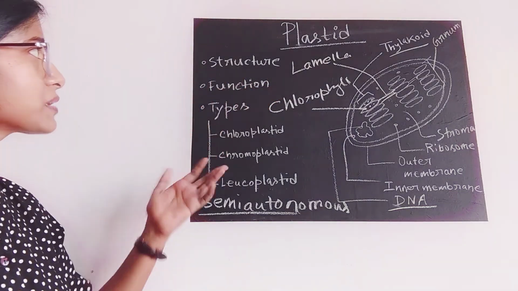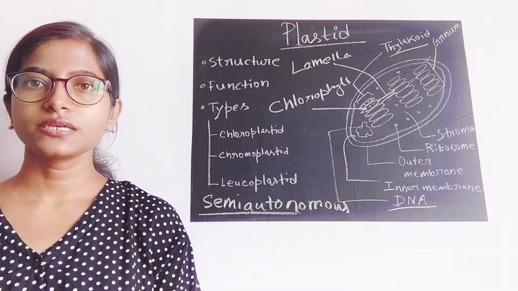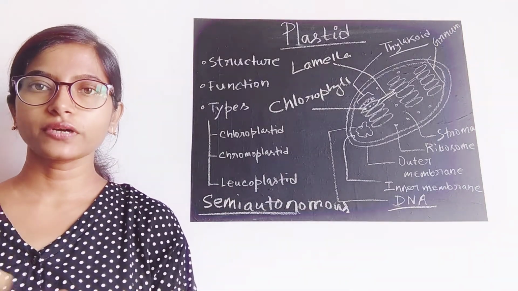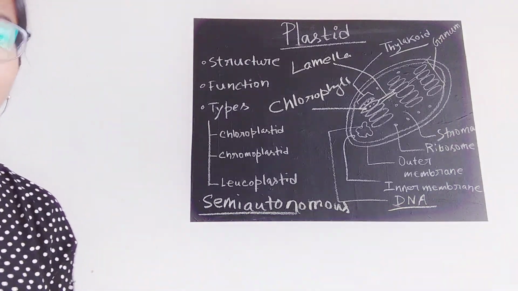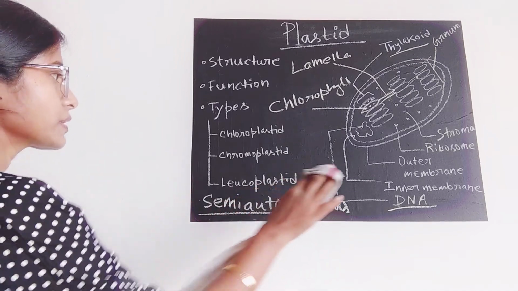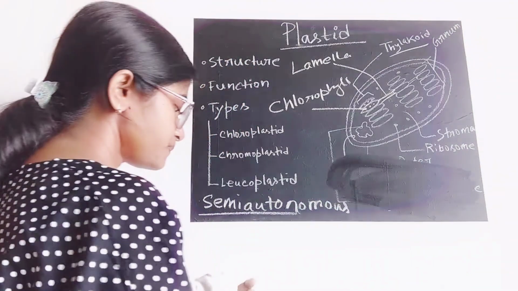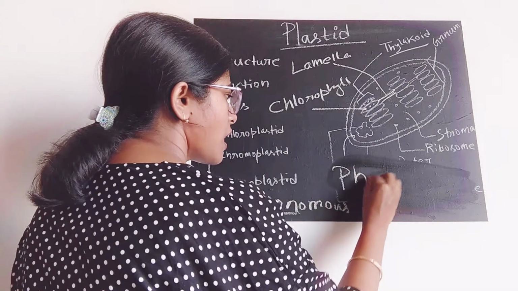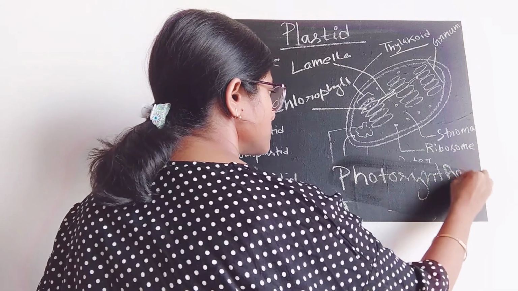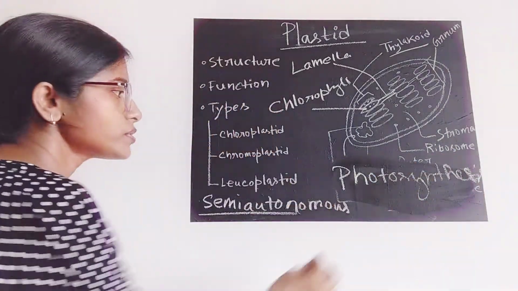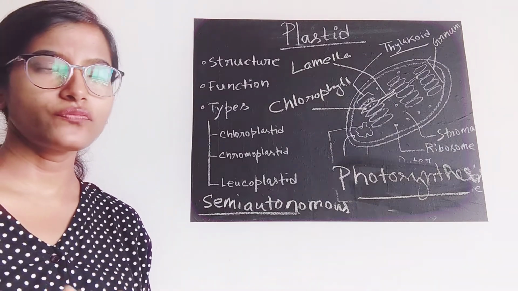So what is the function of plastid? The most important function of plastid is photosynthesis. How is it capable of photosynthesis? Photosynthesis is the process through which plants make their own food.